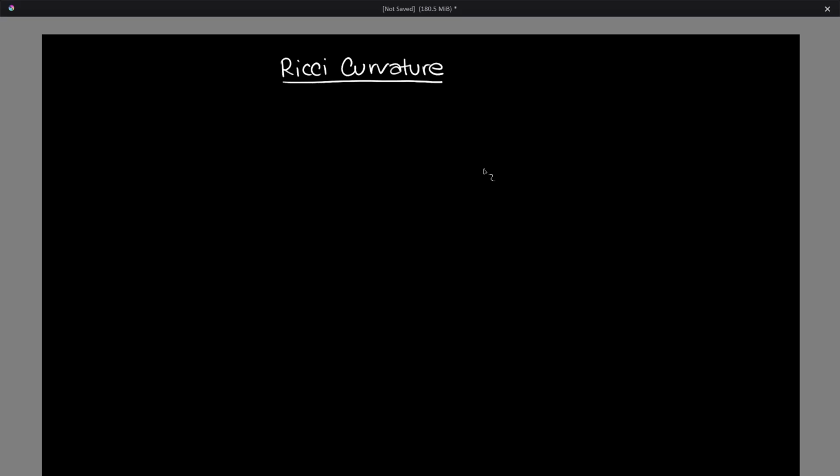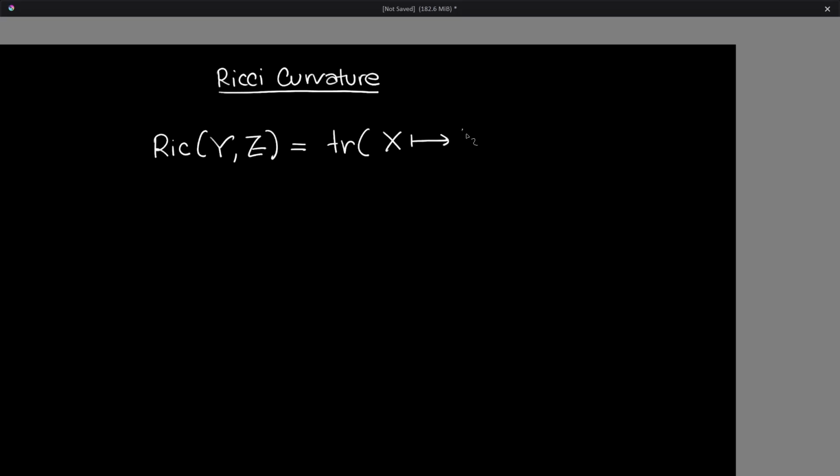It's really hard, though, to define the Ricci curvature without coordinates, because this is the definition. This is the coordinate-free definition of the Ricci curvature. And I think you'll agree that it's very hard to understand what the heck is going on here.